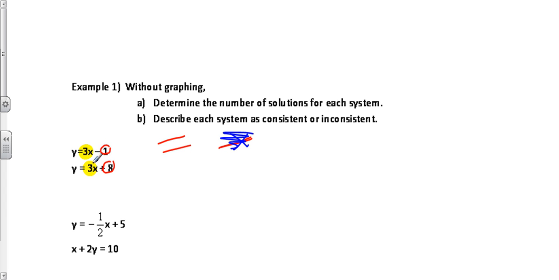So if they have the same slope and different y-intercepts, then we're talking about being parallel, which means we have no solution. This is A. And B, we describe as consistent or inconsistent. Well, if there's no solution and they're parallel, it is inconsistent. Next problem.